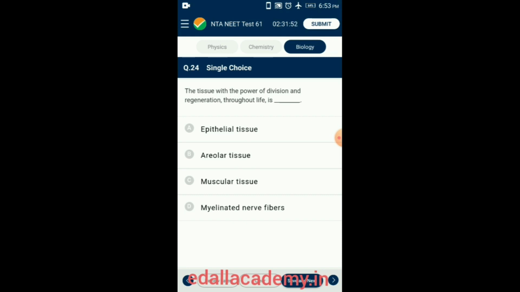Due to absence or lack of intercellular spaces, blood vessels, lymph vessels, and capillaries are unable to pierce this tissue, so blood circulation is absent in epithelium. Hence, cells depend for their nutrients on underlying connective tissue. The cells of this tissue can divide throughout life with high regeneration capacity as they possess stem cells. So the answer for this question is option A, epithelial tissue.